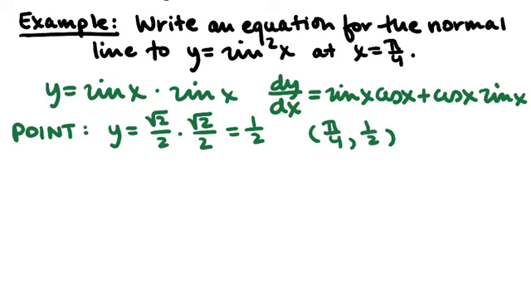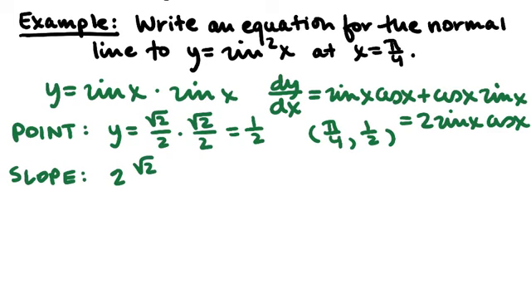And the slope, well, dy dx looks like something I could simplify. This is 2 sine x cosine x, which you could do a little more with if you were a pre-calculus student who remembered all your trig identities, but I don't need that. So the slope is 2 times the sine of x times the cosine of x.